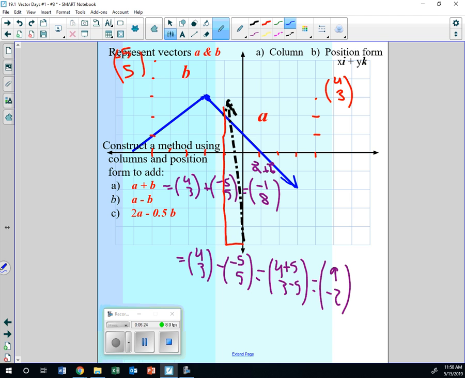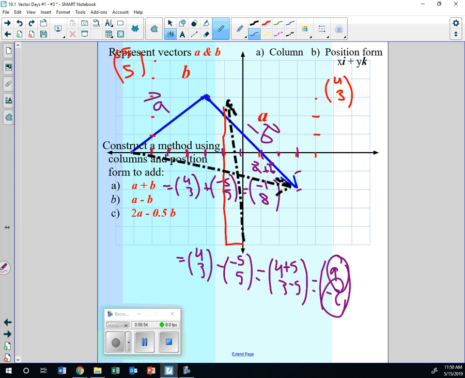So when we drop from the tail of the first to the head of the last, we had A here, 0 to there, minus B here, down to there. I'm going over 1, 2, 3, 4, 5, 6, 7, 8, 9, and I'm going down 1, 2. It works.